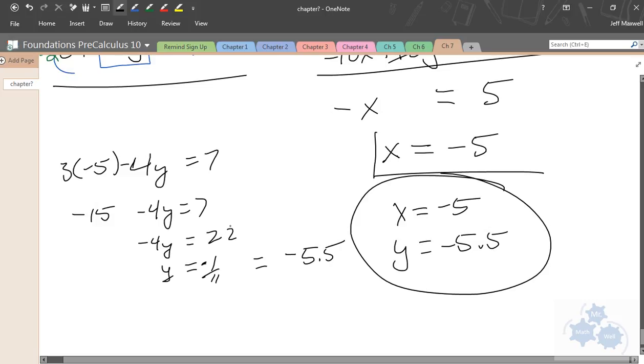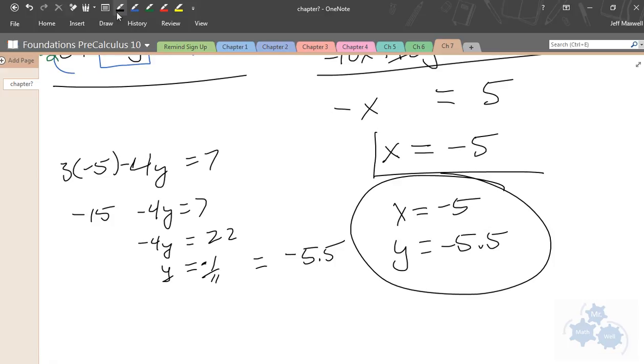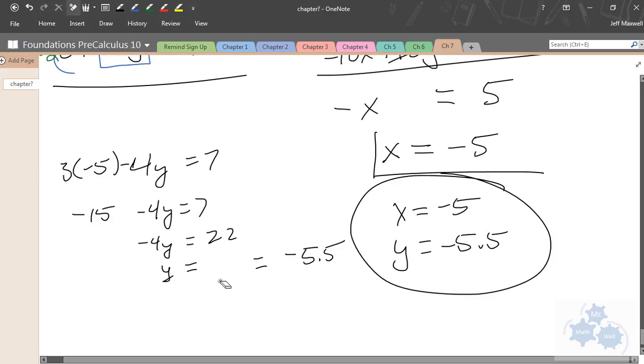Okay, the step that I didn't show here was, from there, we have to divide by negative 4. Is that what you mean? That's right. So I have to add 15 to both sides. I'll back up there.